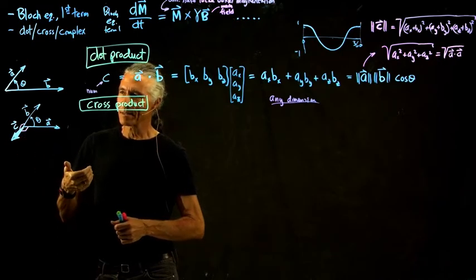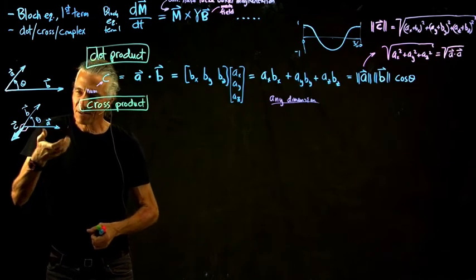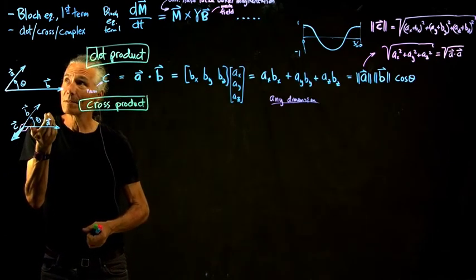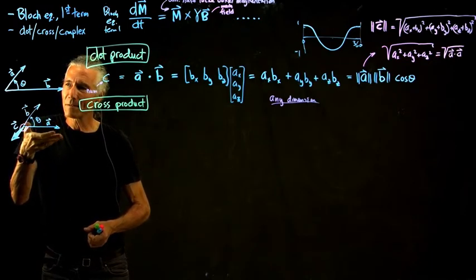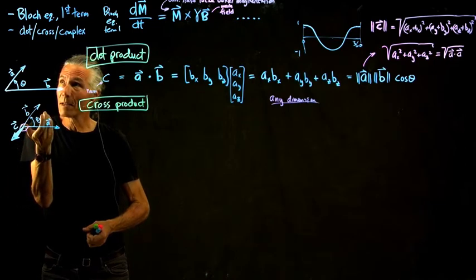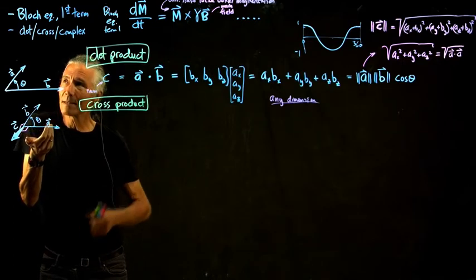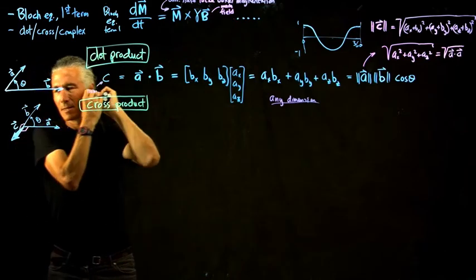The way it works is your fingers go from A to B. Make sure I'm doing that right with the learning glass. Yes, looks good. So the fingers of your right hand start at A and curl toward B, and then your thumb gives you the direction of the cross product.